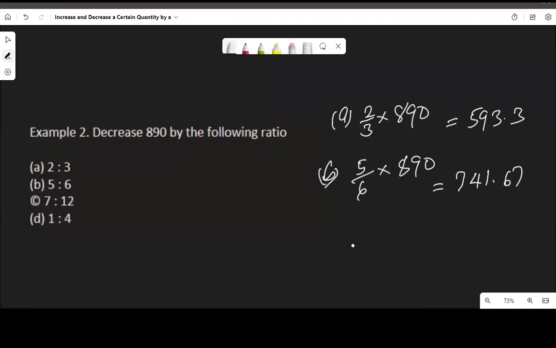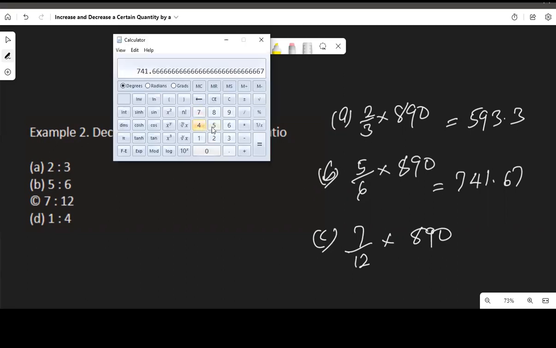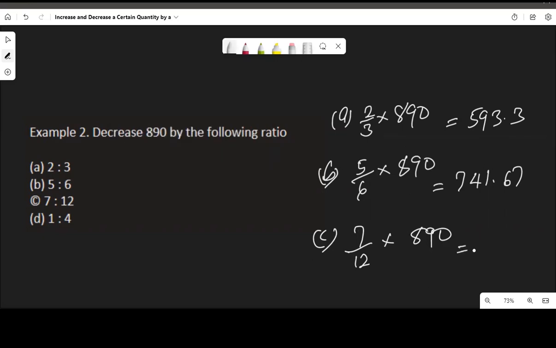And for question C, it is 7 to 12, that is 7 over 12, and multiply by the quantity, which is 890. 7 times 890, and divided by 12, is 519.16 or 17 approximately.